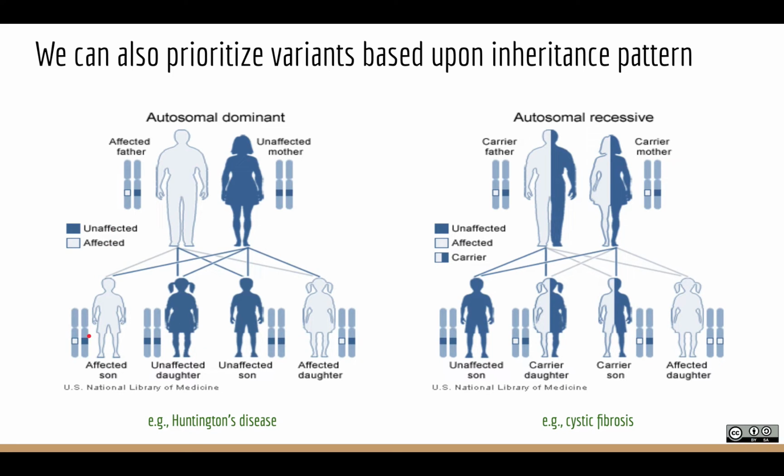If you have the allele, you have the disease. In contrast, in an autosomal recessive case, you often have situations where both parents are unaffected. They're carriers. They're heterozygous for that variant. And using Punnett square stuff from high school, 25% of offspring will be affected because they're the unlucky ones that inherit the two deleterious alleles from mom and dad.